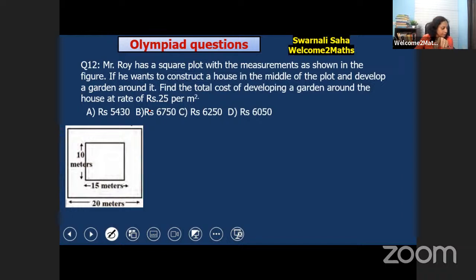It is visible now. Mr. Roy has a square plot with the measurement as shown in the figure. Okay, 10 and 15 and the square is 20 meters.